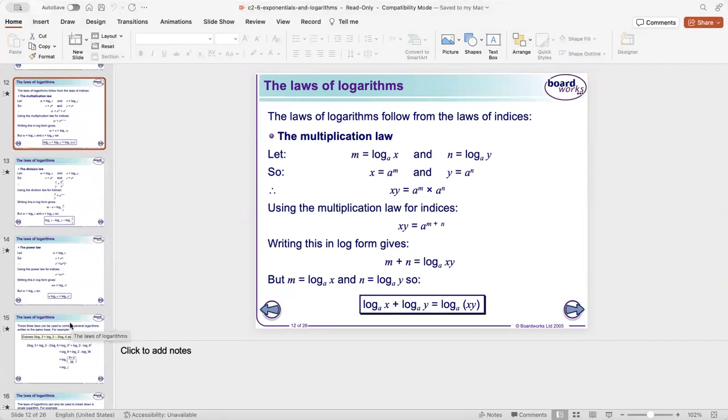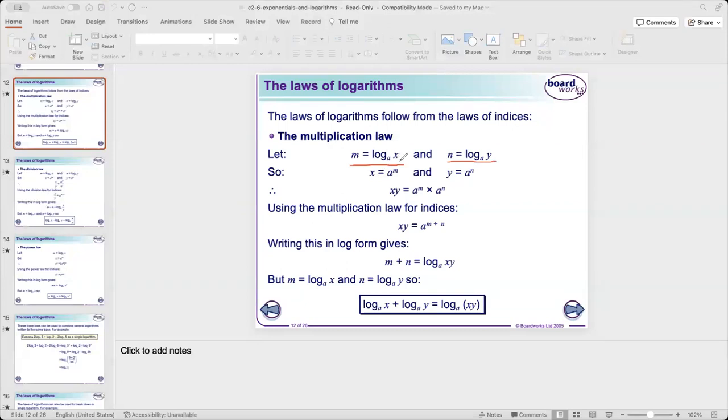So let's look at the multiplication law. When m equals log a x and n equals log a y, you have already expressed m and n like this.